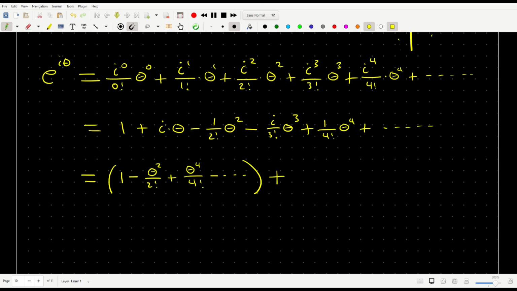And all of the imaginary terms, the things with an i on them, I'm going to pull together, and I can factor out the i to get theta minus theta cubed over 3 factorial, plus theta to the fifth over 5 factorial, and so on and so forth.